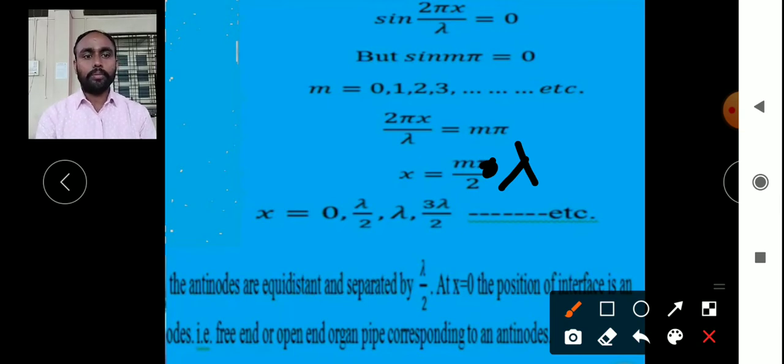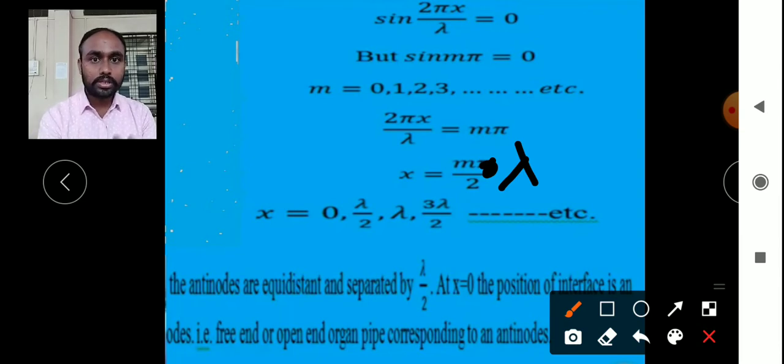Now for m lambda by 2, substitute the values of m. If we substitute m equal to 0, it will be 0. If m is equal to 1, then lambda by 2. If m is equal to 2, then the 2 gets cancelled and we get lambda, and so on. So we get 0, lambda by 2, lambda, 3 lambda by 2, 2 lambda, and so on. These x values are the positions of what?